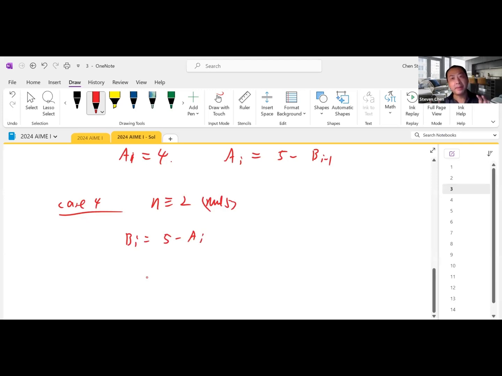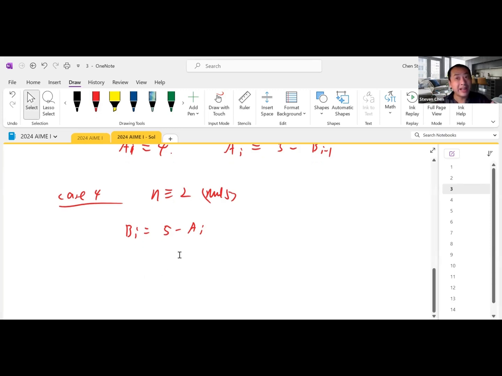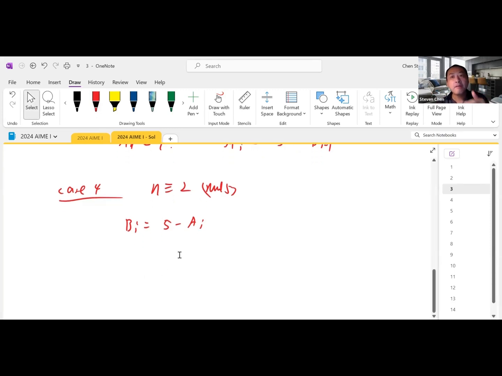So given this strategy, let's think about it. After both Alice and Bob complete their ith turns, we know that the total number of tokens is reduced by 5, right? And in this case, n has remainder 2 divided by 5. So it means that finally, there will be 2 tokens on the table.